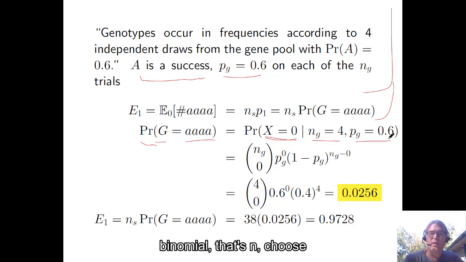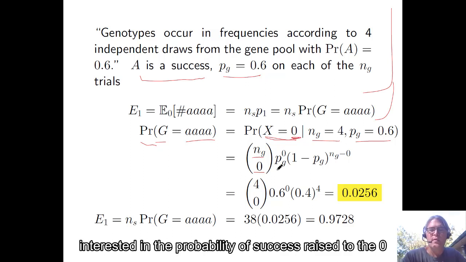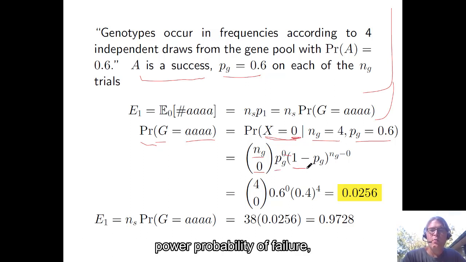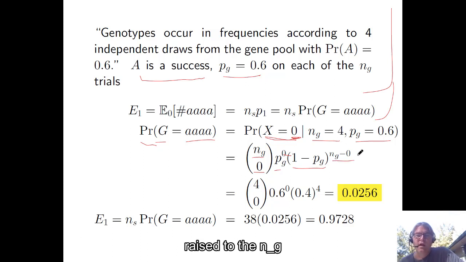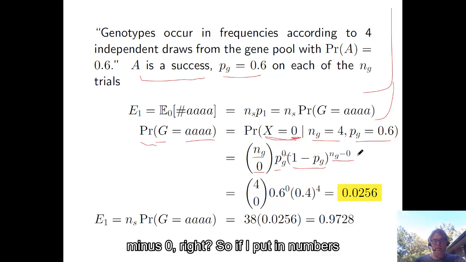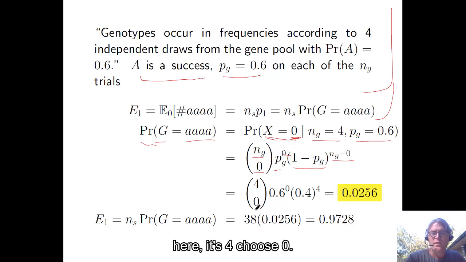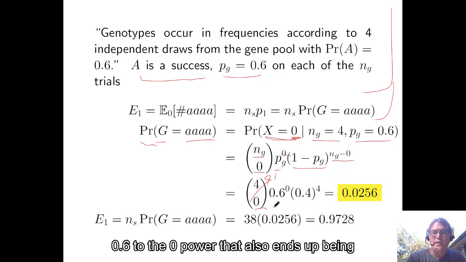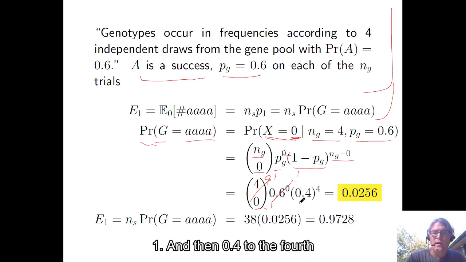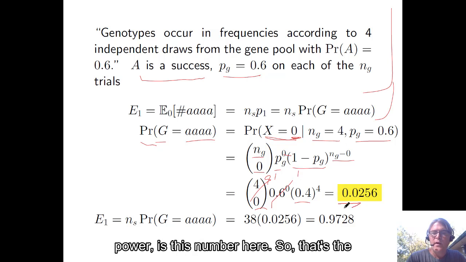From the binomial, that's n choose k, or in this case, n sub g choose 0. That's our k value that we're interested in. So the probability of success raised to the 0 power, probability of failure raised to the n sub g minus 0. So if I put in numbers here, it's 4 choose 0. That ends up being 1. 0.6 to the 0 power, that also ends up being 1. And then 0.4 to the 4th power is this number here.